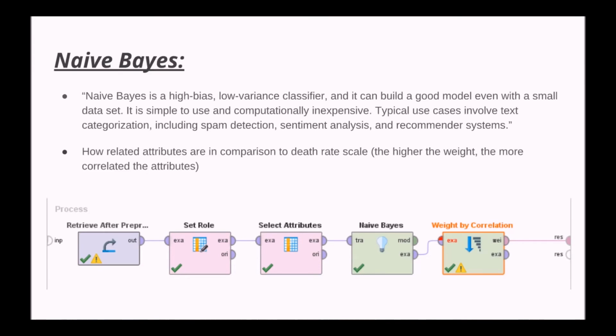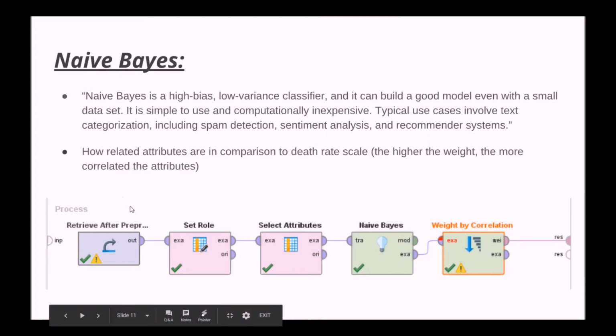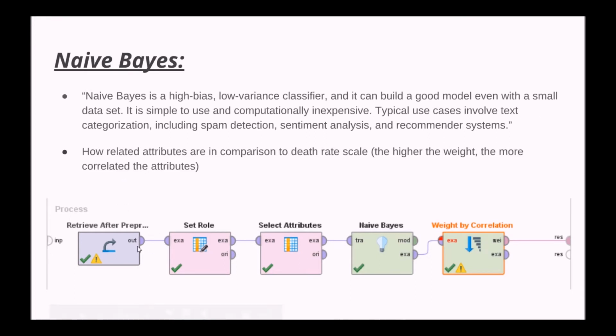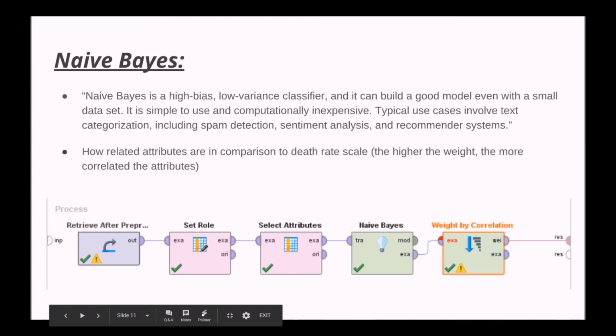So what we're doing in this process is we have retrieve after pre-processing. Basically this takes all of the data from our cleaning and preparing process, which we talked about before, and puts that data into this process. The set role operator sets the death rate scale as a label attribute.